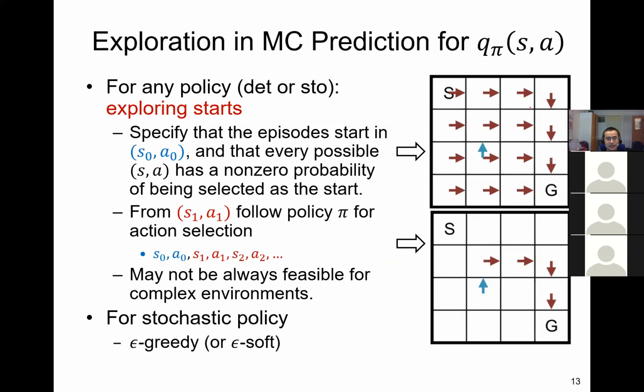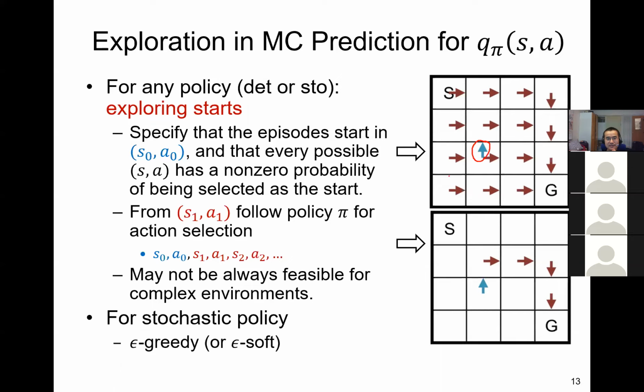And from S1, A1, follow policy pi for action selection. So the first is the blue S0, A0, because you wanted to compute its Q value. So you take the first step, the blue step. Then afterwards, you follow the current policy, the red arrows.